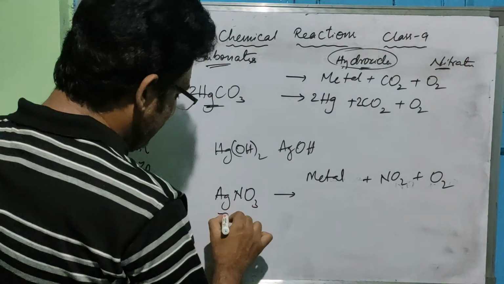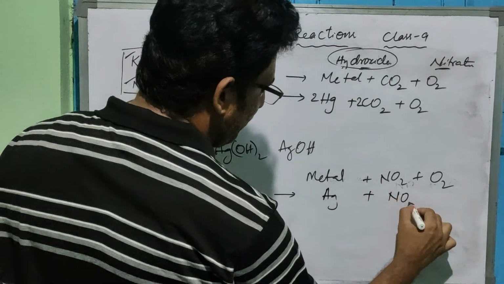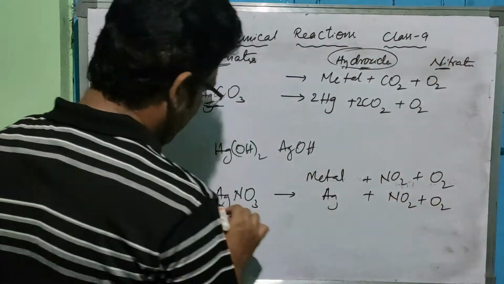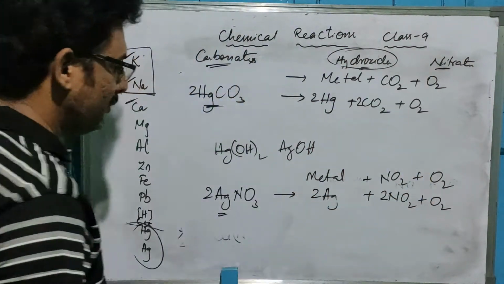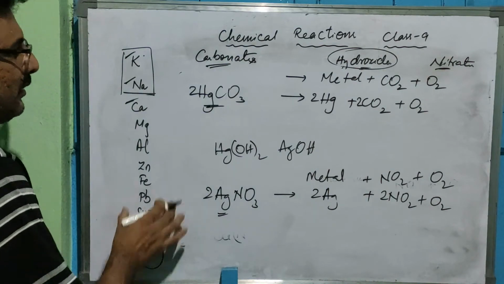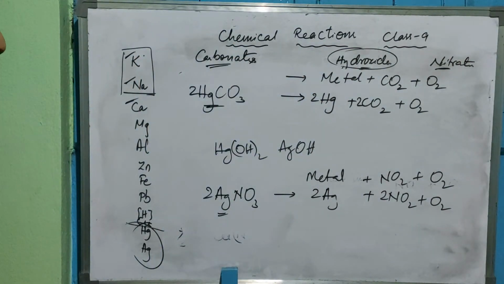Now what is the metal here? Silver. So silver plus NO2 plus O2. If you balance the equation, 2, 2, 2 here. So like this, these compounds will undergo thermal decomposition.